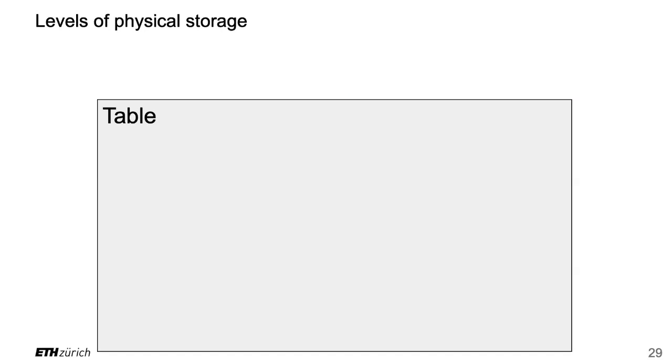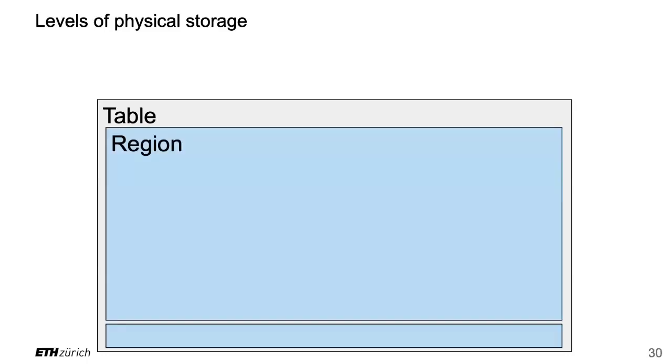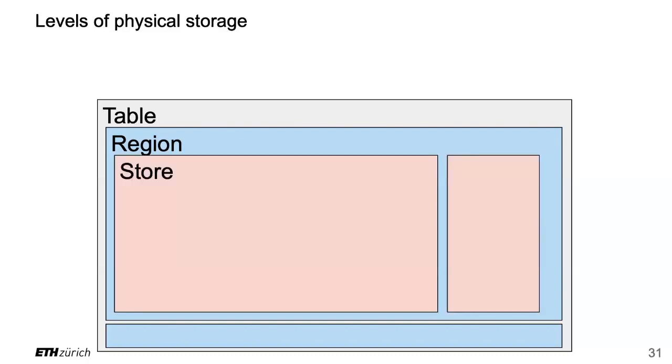Okay. Now, let's look at the levels of physical storage. Again, this is a wrap-up of all the levels that we have to consolidate that knowledge. So the highest possible level, apart from the entire database, of course, is that of a table, this enormous table. Then the table is partitioned horizontally in regions. Then the regions are partitioned vertically again in stores, right?